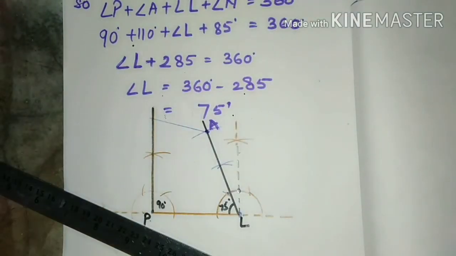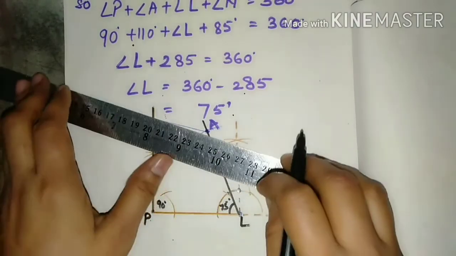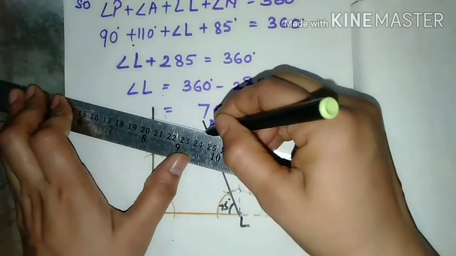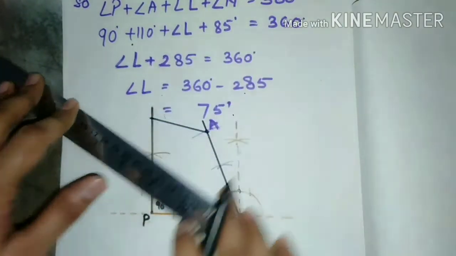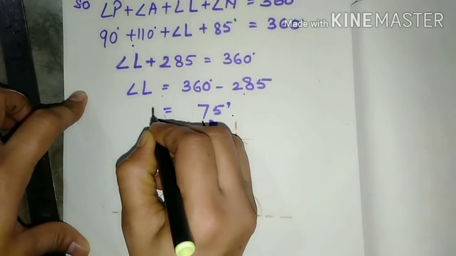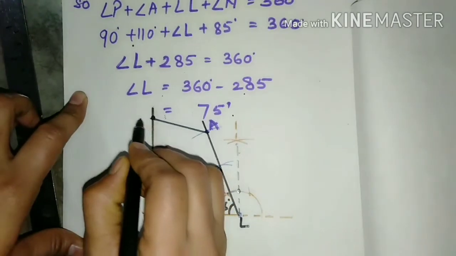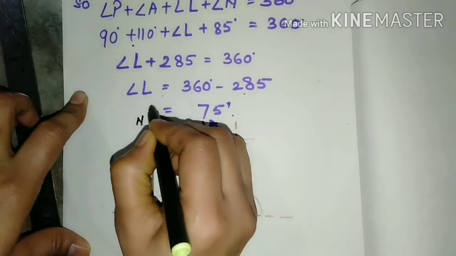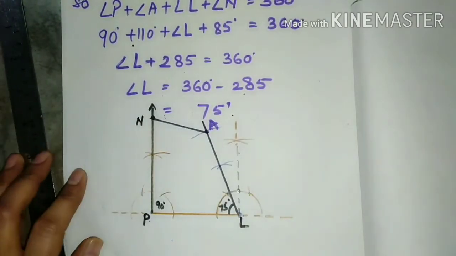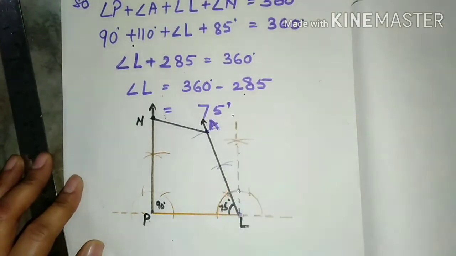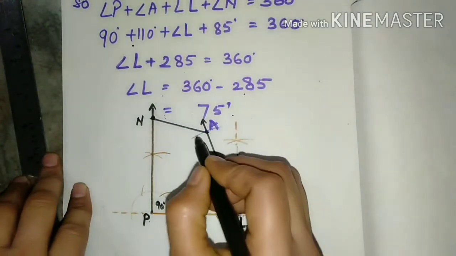Now you can see that this 110 degree angle line intersects this line at a point, and let this point be point N. Now construction is completed.